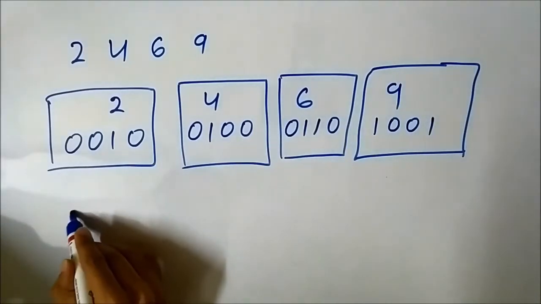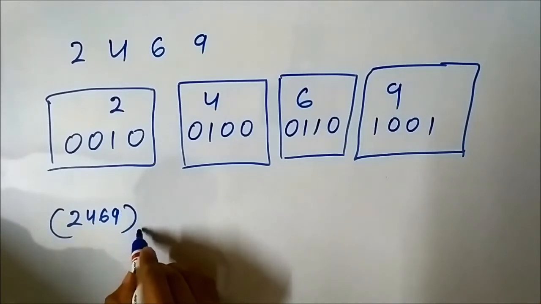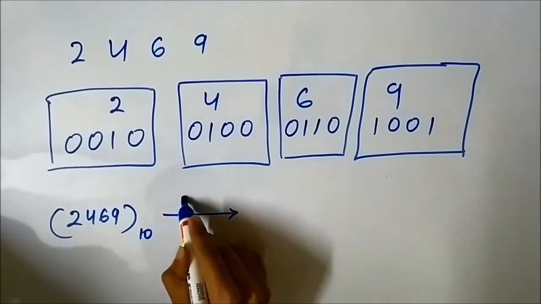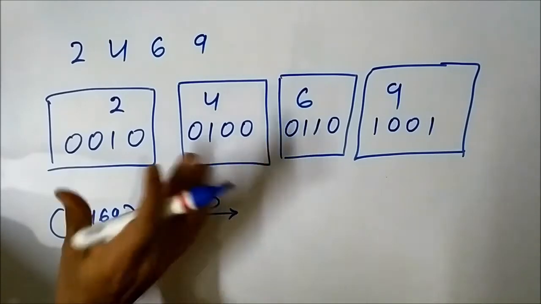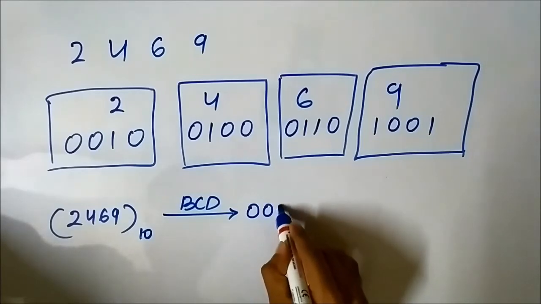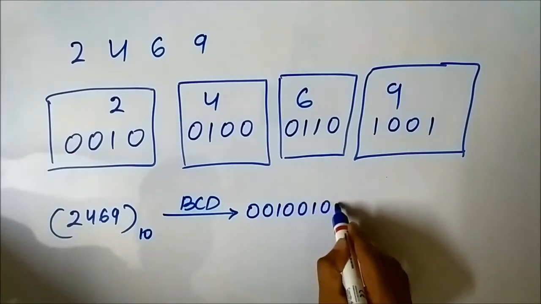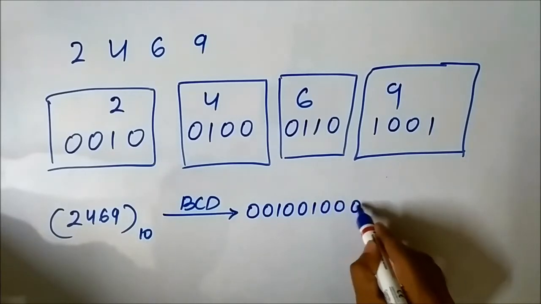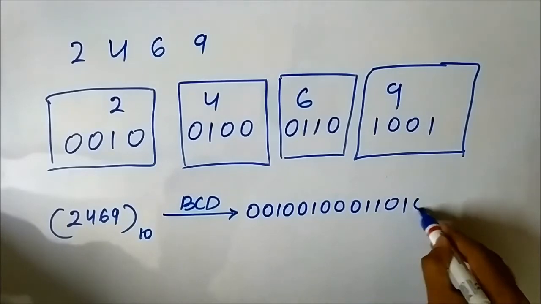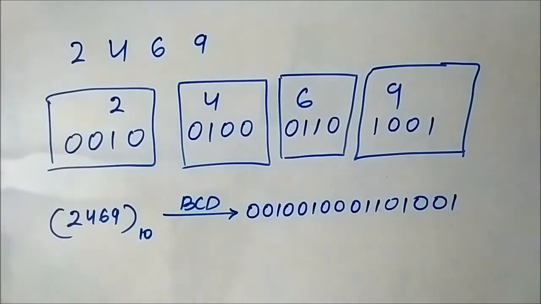So now the decimal number 2469 can be represented using the binary coded technique by combining these 4-bit groups, that is 0 0 1 0 0 1 0 0 0 1 1 0 1 0 0 1. It's a long code, isn't it?